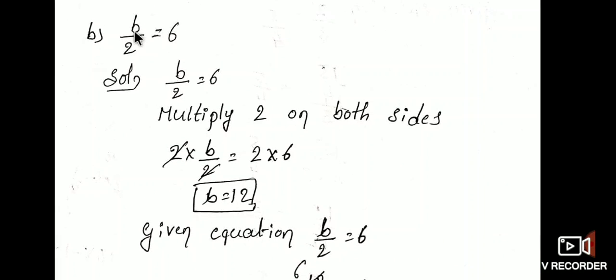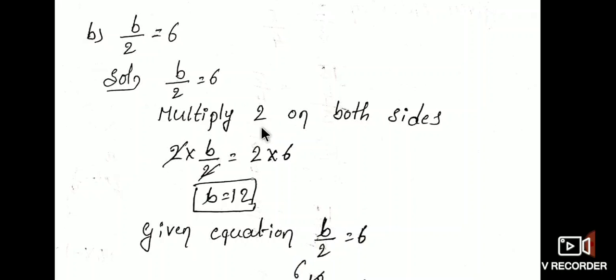Here b by 2 is equal to 6. In the variable they have given 2 also. So 2 is in the denominator, which means it is dividing. b divided by 2, so division is there, which means we should multiply.